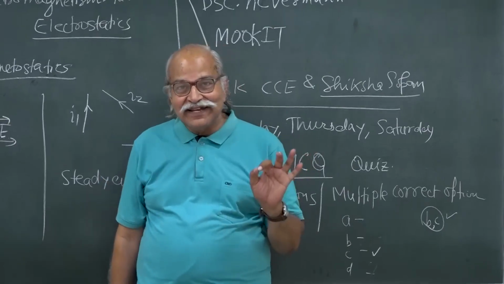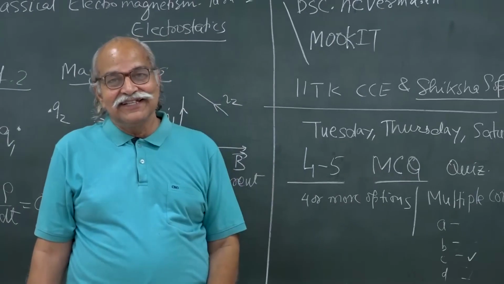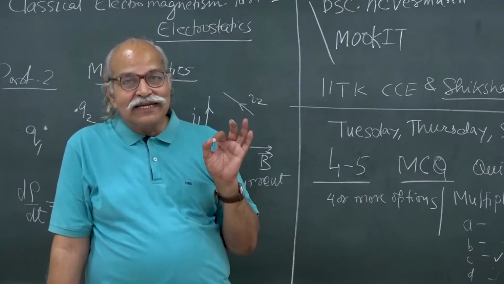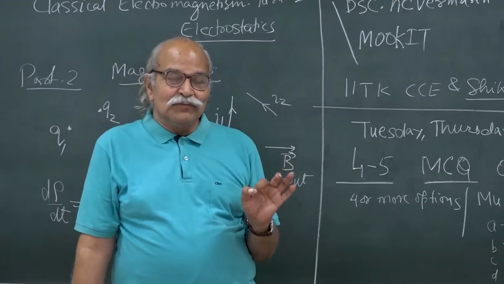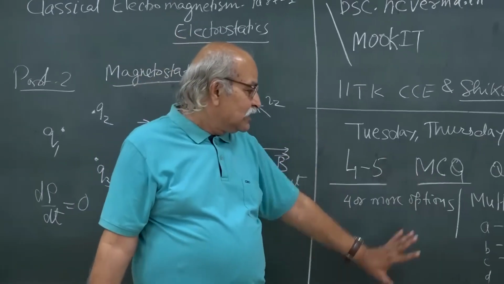So the only way to get more than 0 marks in a question is you mark all the correct options and don't mark any of the wrong options. So that is how the quiz will be evaluated.